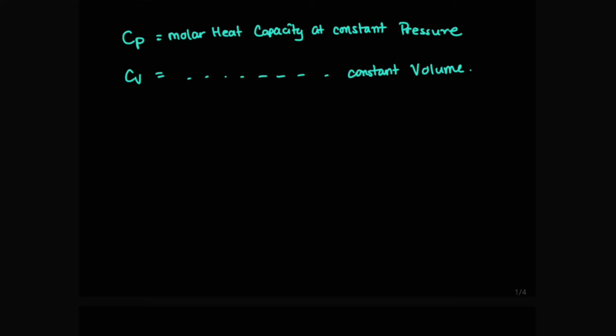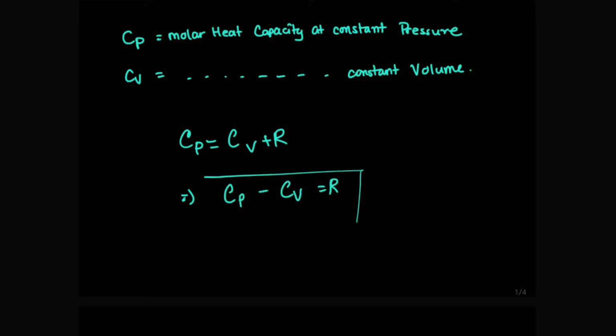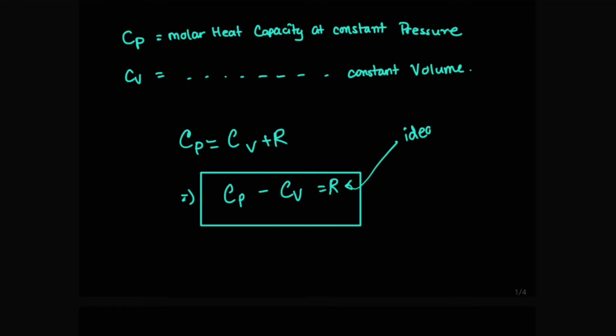And through mathematical derivations, we have come to know that Cp is equal to Cv plus R, or basically Cp minus Cv is R, where of course from the concept of ideal gases, we know that R is basically what? The ideal gas constant.